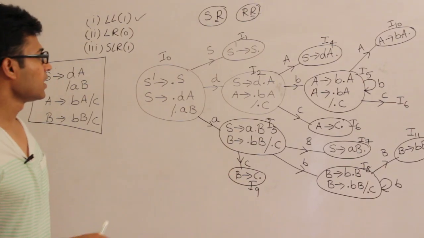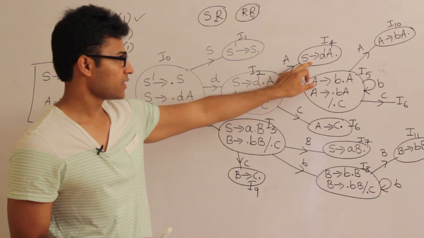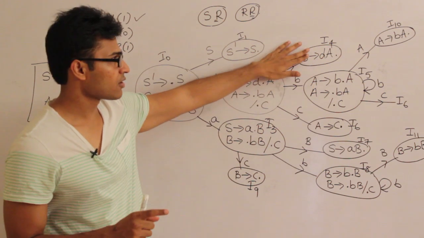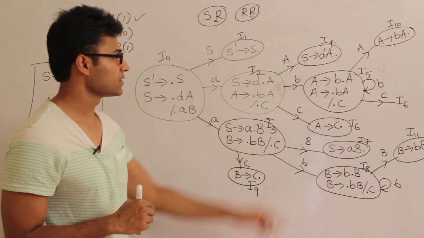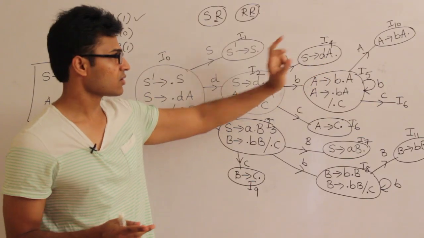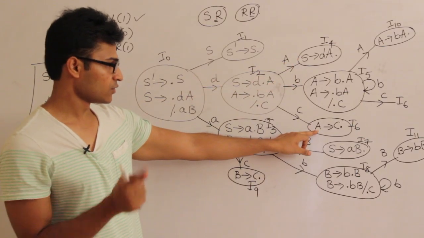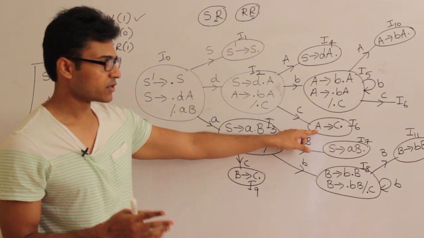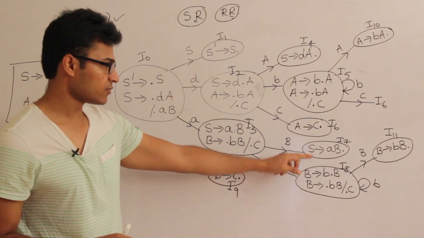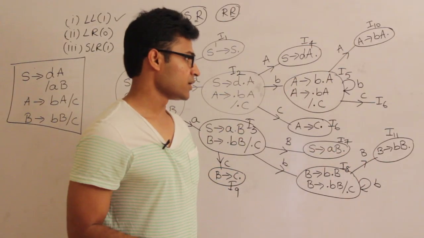In I6, only one reduced move and no shift move, so no conflicts. I7, only one reduced move, no shift moves, no conflict. Then I11 and I10, only one reduced move each.